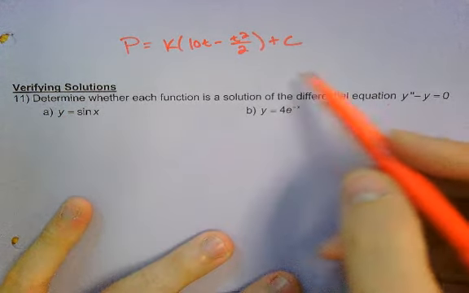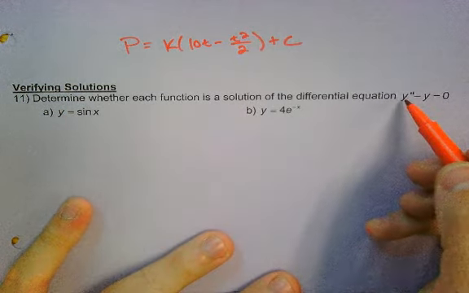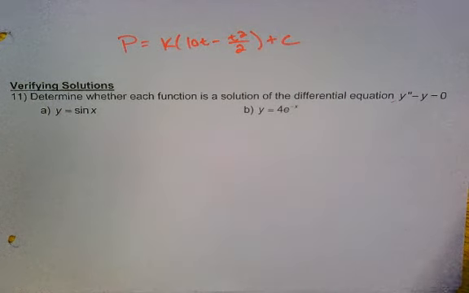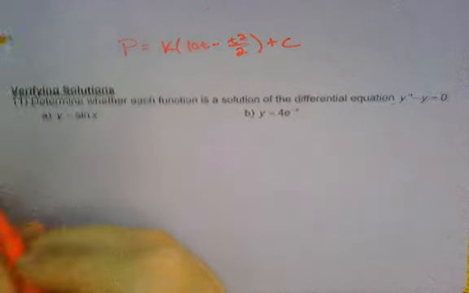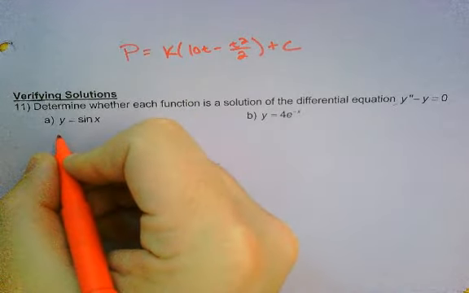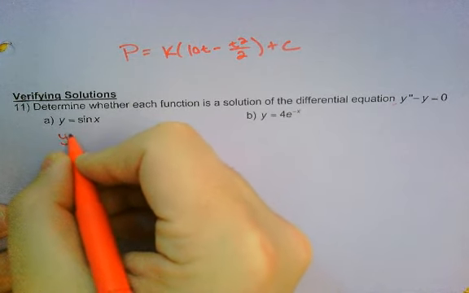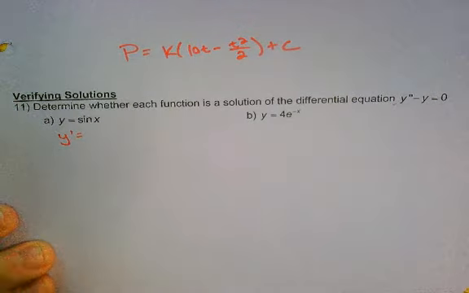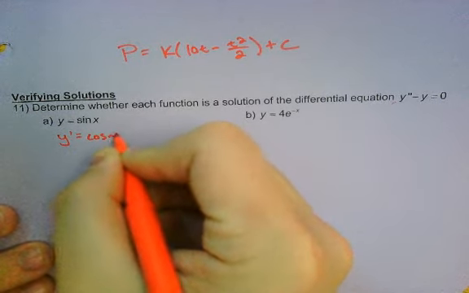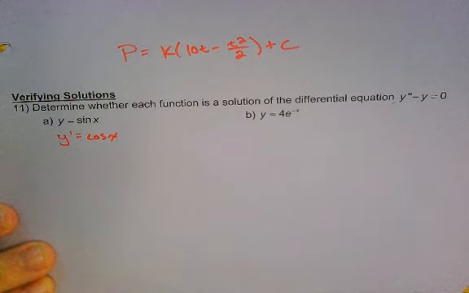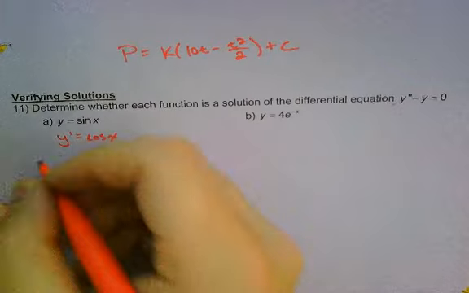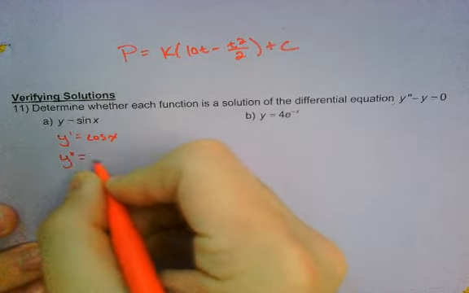How do I find y double prime? Very good. You find y prime first, so what's y double prime? So y double prime minus y equals 0.